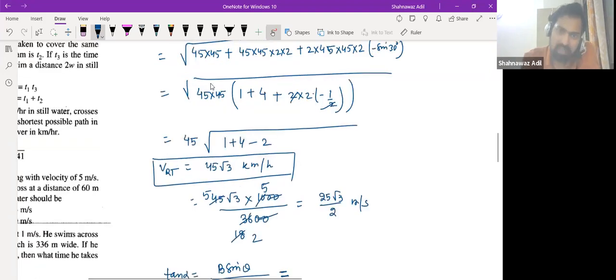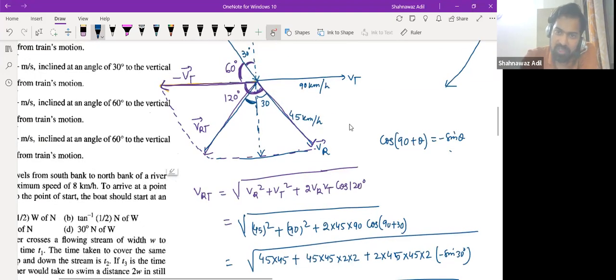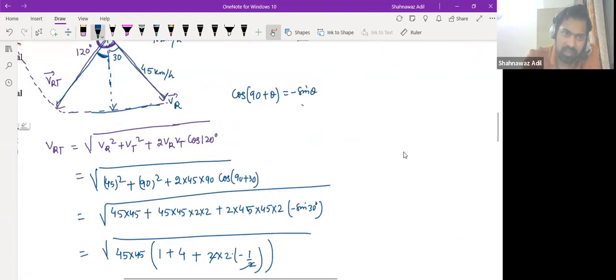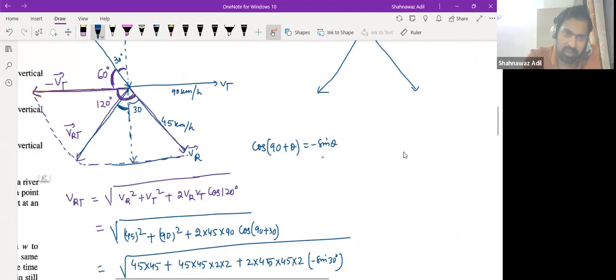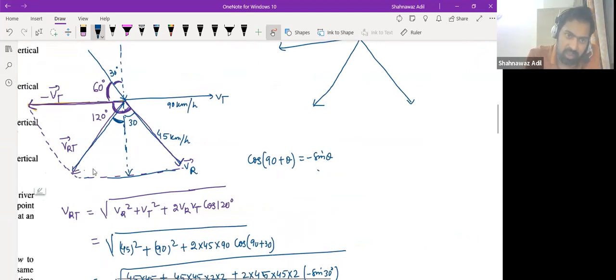B is, let's say, this vector. Let me check how we calculate it. This is VRT and this is theta. How should we get 60?